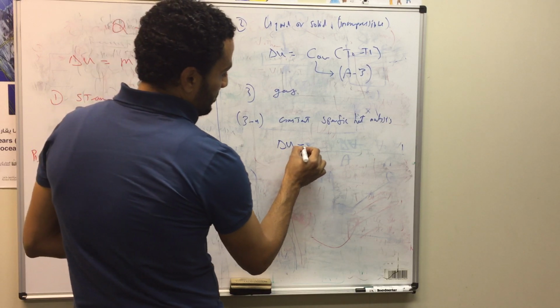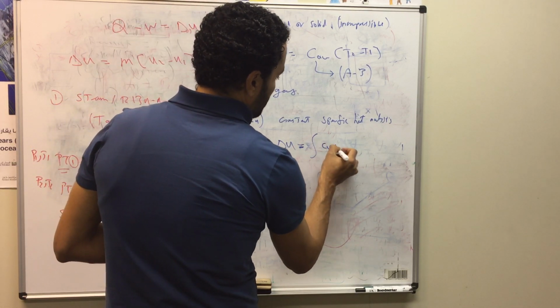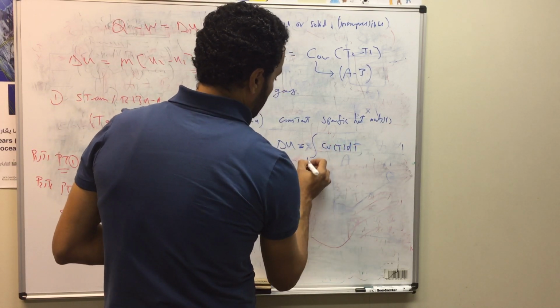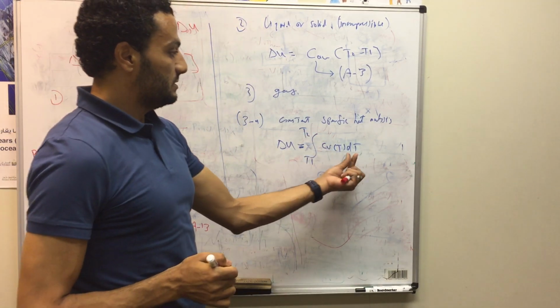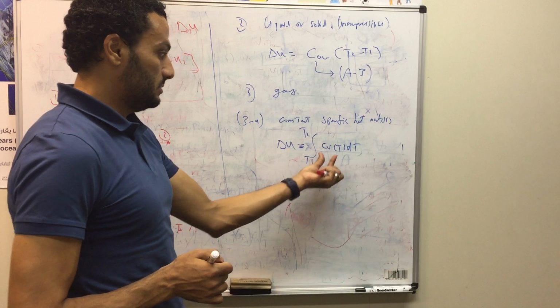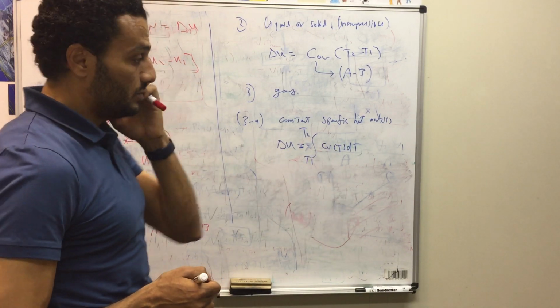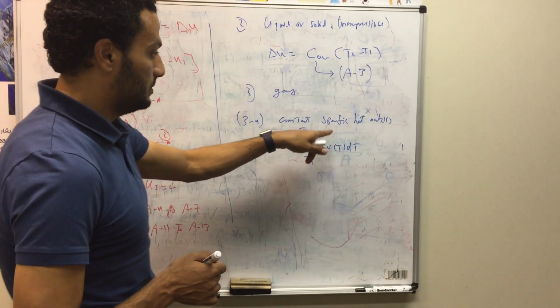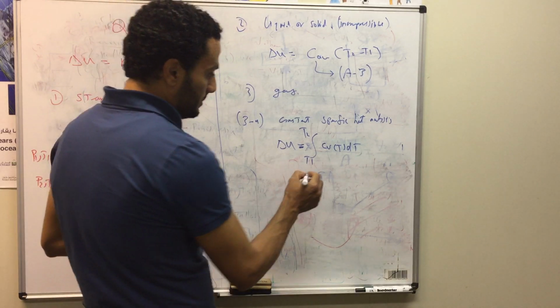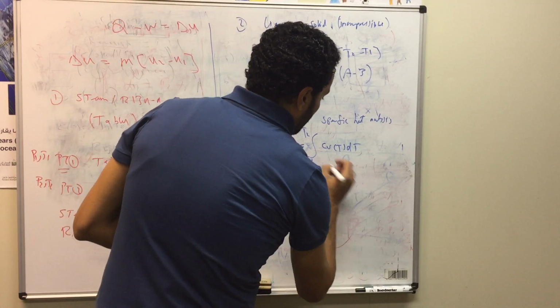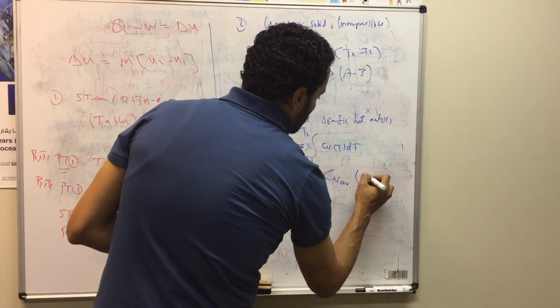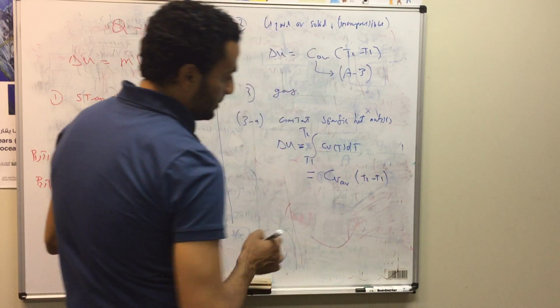We have the definition: by definition delta U is the integration of Cv as a function of temperature dT from T1 up to T2. If the temperature difference delta T is small, we can take this Cv average and consider it as a constant, or as changing linearly, and take it outside. So delta U will equal Cv average multiplied by the integration of dT, which equals T2 minus T1.